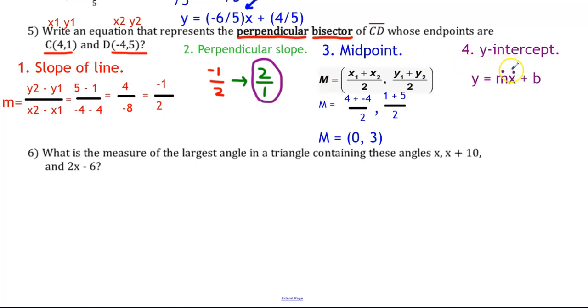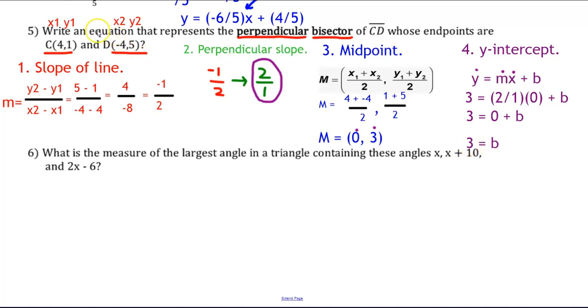And we have the x and the y, that's this x and this y from the midpoint, right? Because the midpoint has to be on this perpendicular bisector. So the only thing we're going to be missing is b. We're going to solve for b. So we substituted in 3 for y, 0 for x. The slope is 2/1. That multiplication was pretty easy, so we solved to get 3 is equal to b.